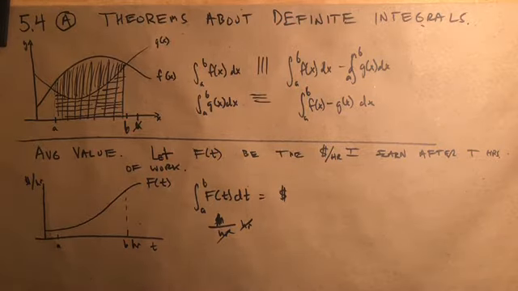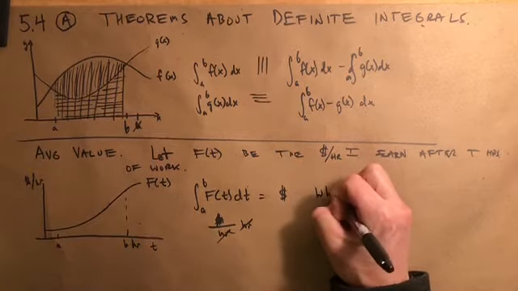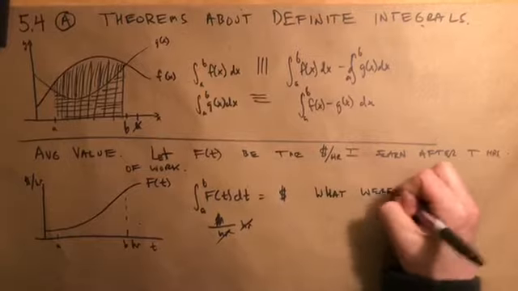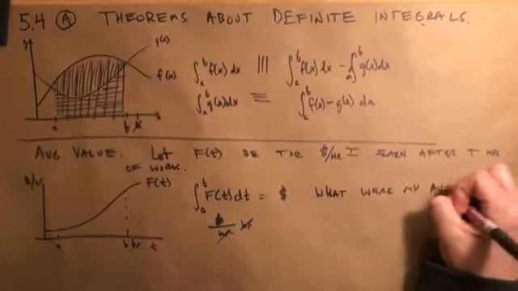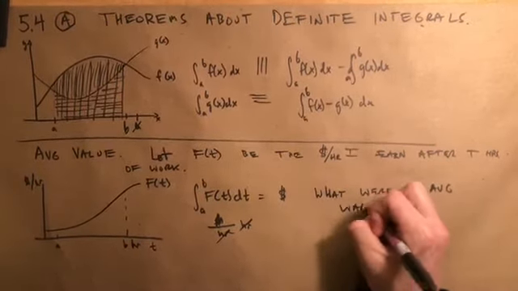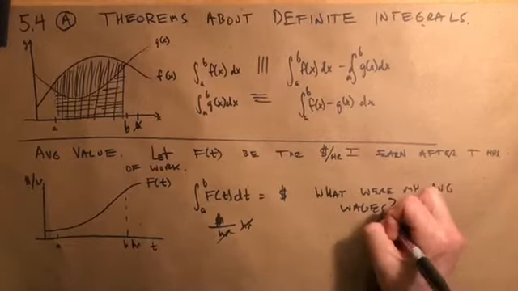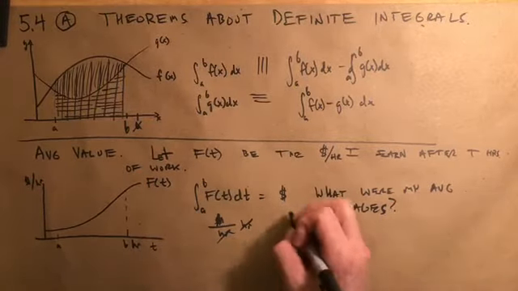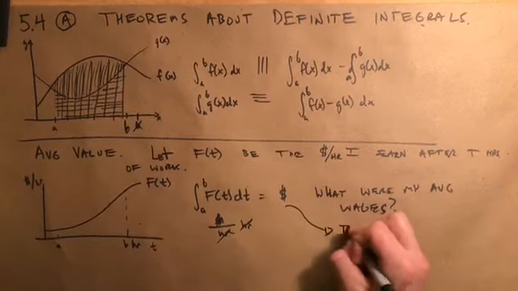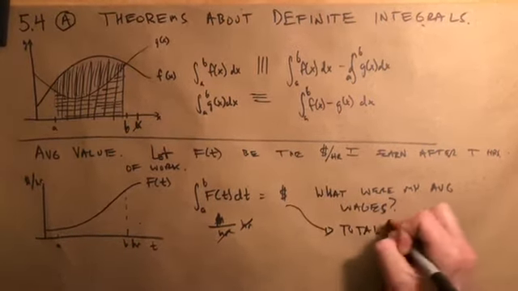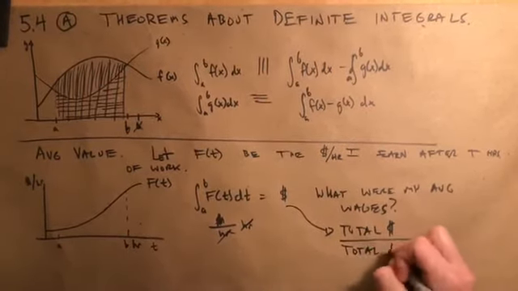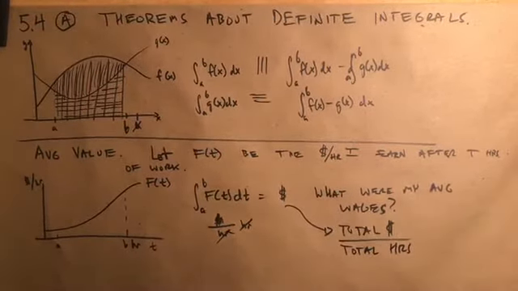But now I want to know, what were my average wages? The unit of that is going to be in dollars per hour. And so what I would do is take my total dollars and divide that by the total hours. So what were the total hours?